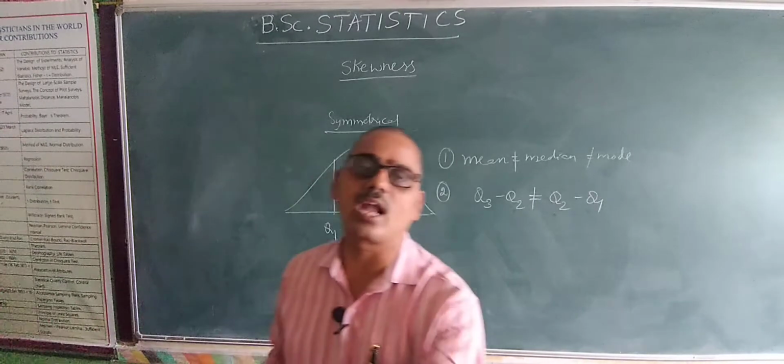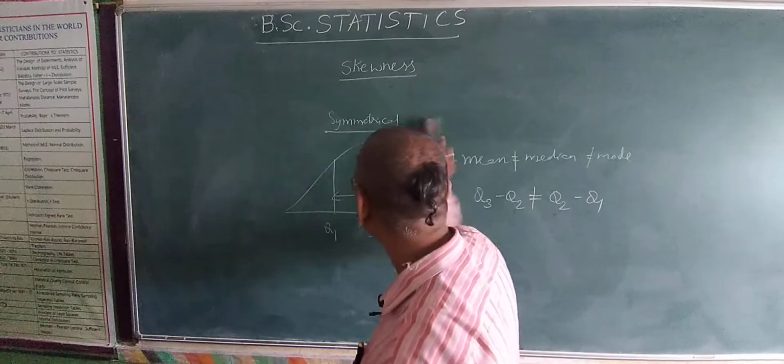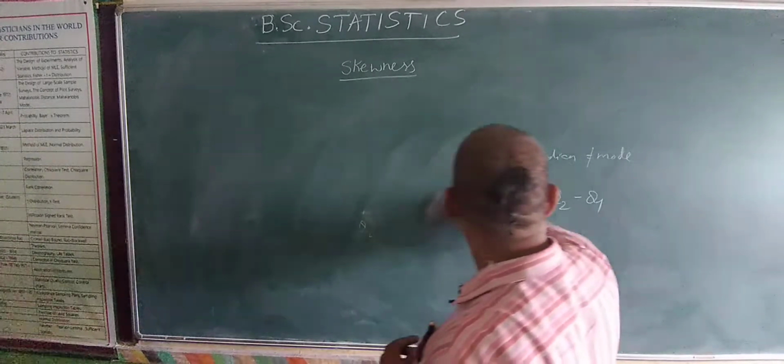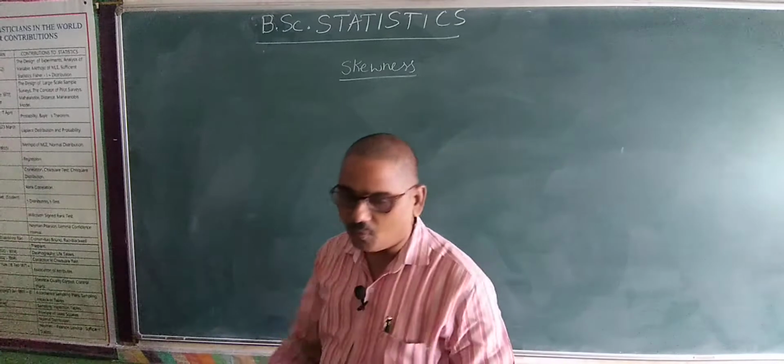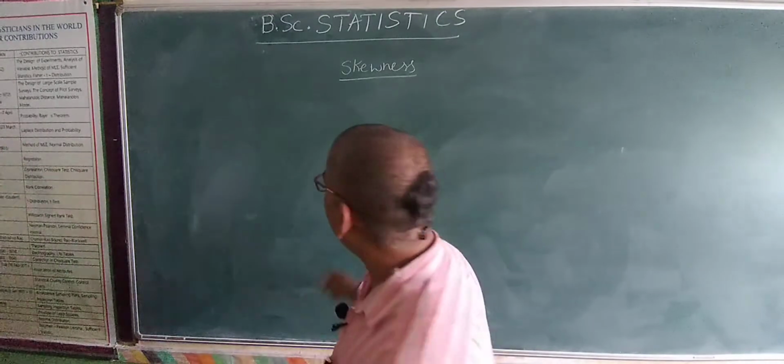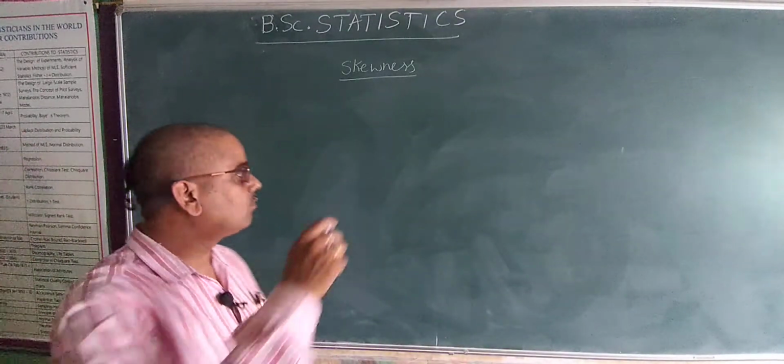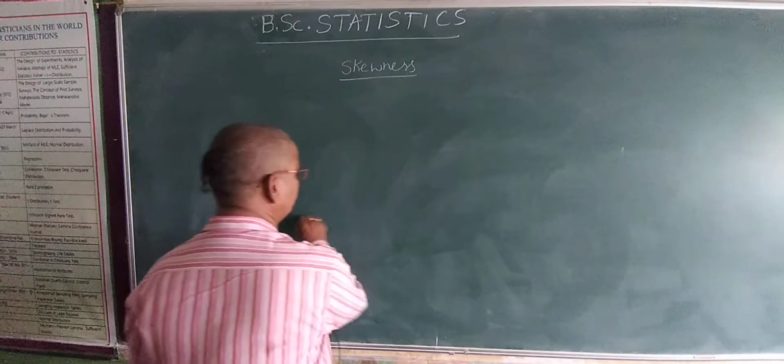What is a rightly stretched distribution? I draw first of all the rightly stretched distribution, in which mean is greater than median, greater than mode.